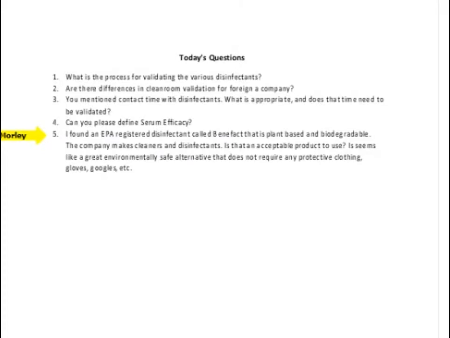Depending upon what you're trying to clean and what you're trying to disinfect, and if the disinfectant has the qualities that can kill those types of organisms, then I would say that should be okay. There are a lot of products out there that are safe to use. Every type of product you use, you do need to have the protective clothing to use those. That's just what I've always seen, but that should be okay.